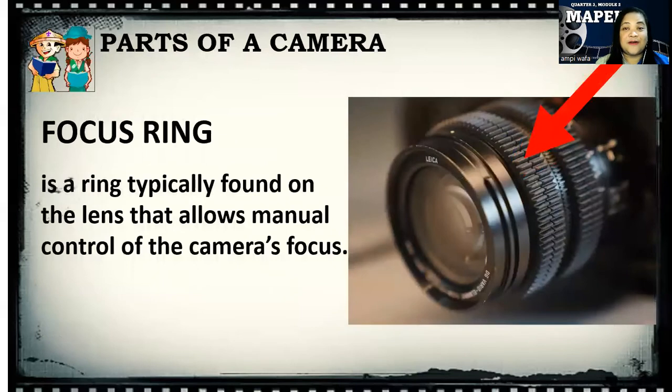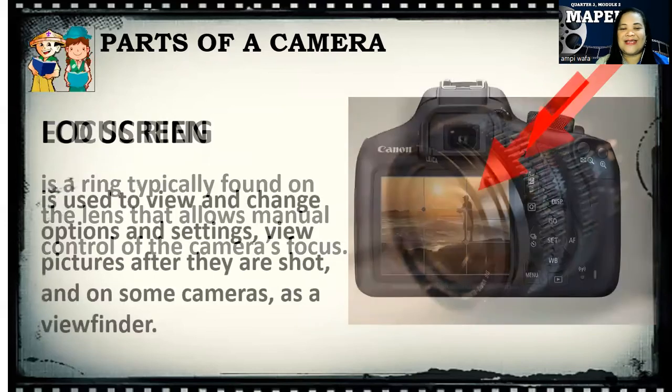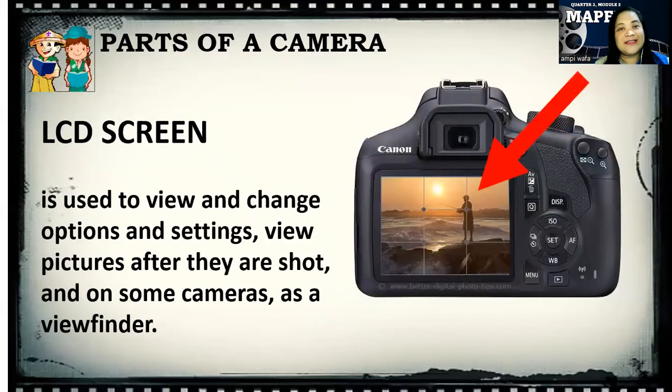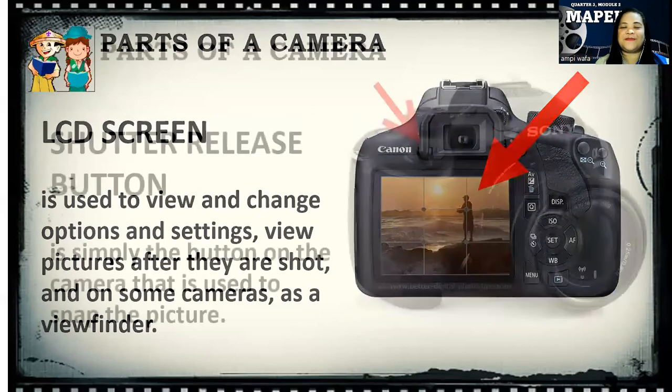Next is the focus ring. Focus ring is a ring typically found on the lens that allows manual control of the camera's focus. And we have the LCD screen. LCD screen is used to view the change options and settings, view pictures after they are shot, and on some cameras as the viewfinder.